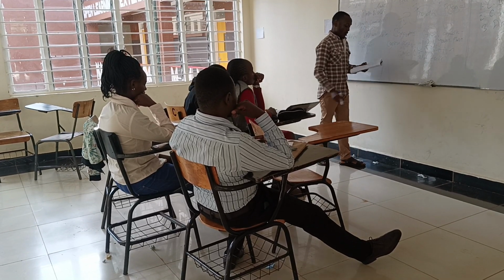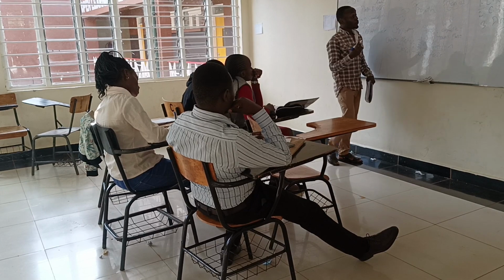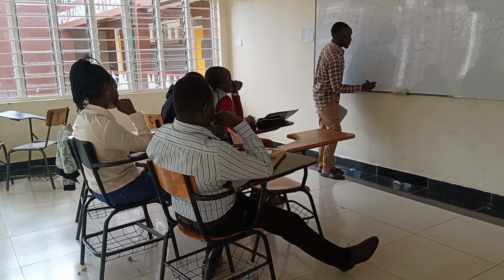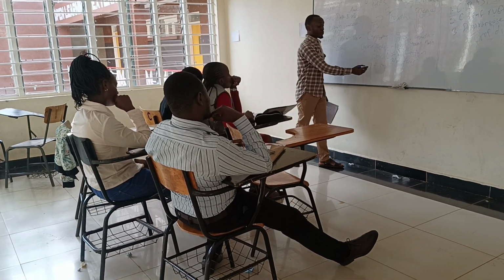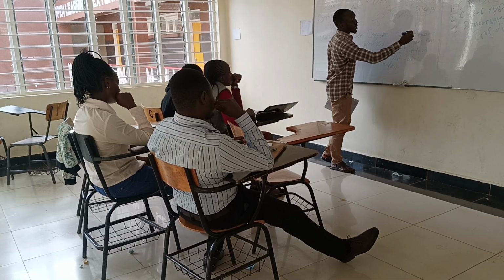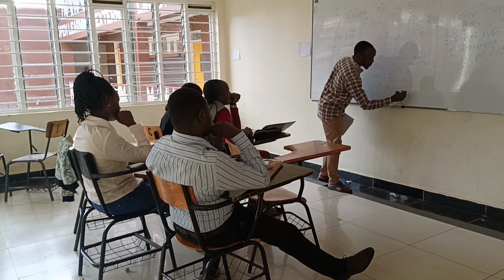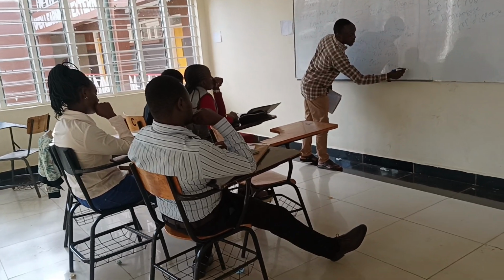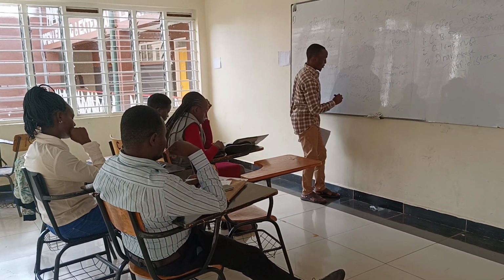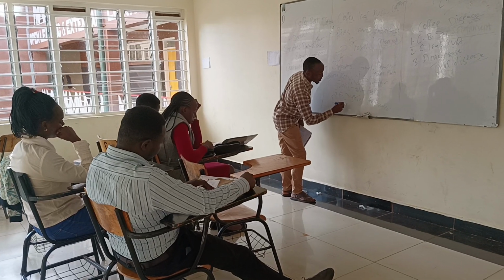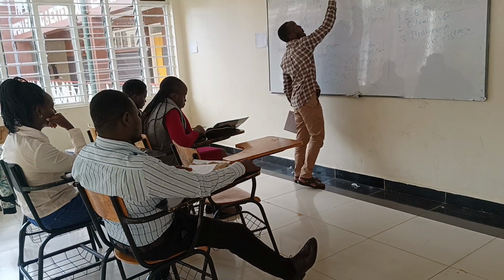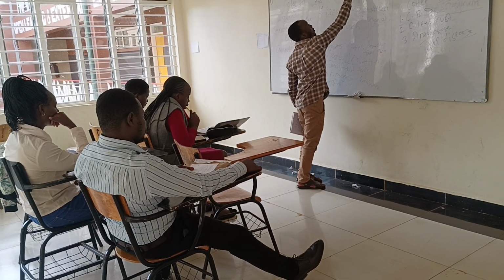We also do good farming management, which includes proper spacing and fertilization. Lastly, we use resistant varieties. An example of a resistant variety commonly used is Ruiru 11.